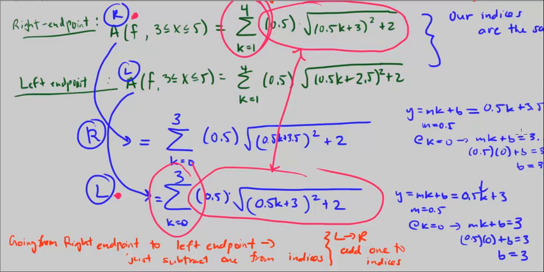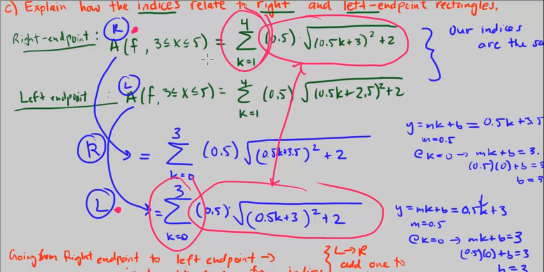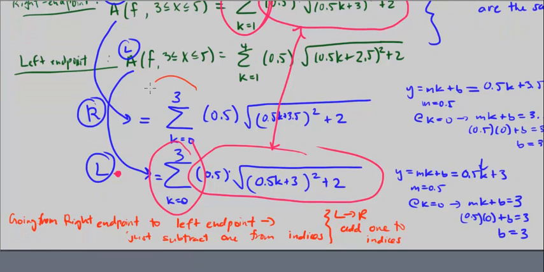Okay? So from now on, if you ever are given a right endpoint, you can immediately say the left endpoint is this down here because you just subtract 1. If you start down here with right, you could just subtract 1 again to get to left. Whenever we go from right to left, we subtract 1 from our indices.